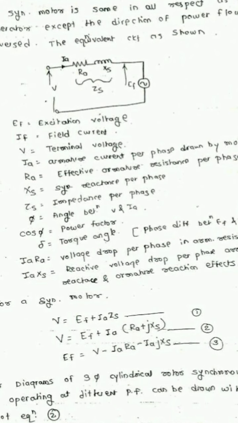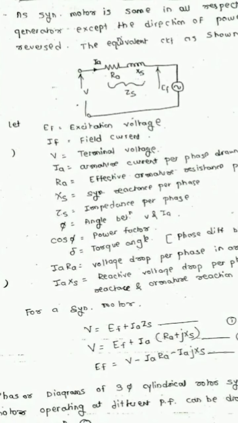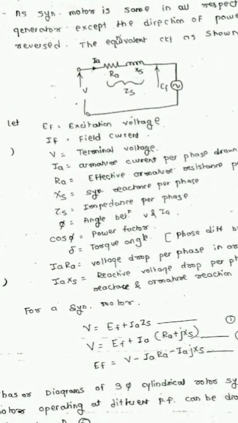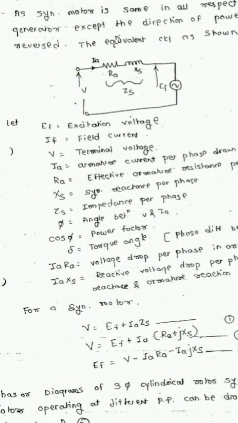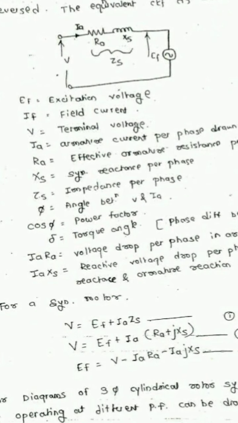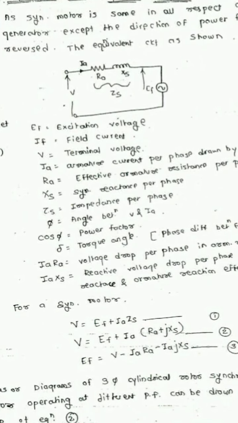This is equation number 1. The synchronous impedance is nothing but the addition of resistance and reactance. So equation 1 becomes V equals EF plus IA into (RA plus jXS). This is equation number 2.